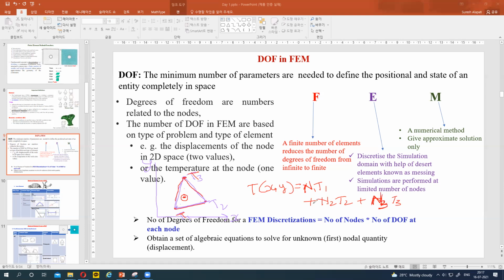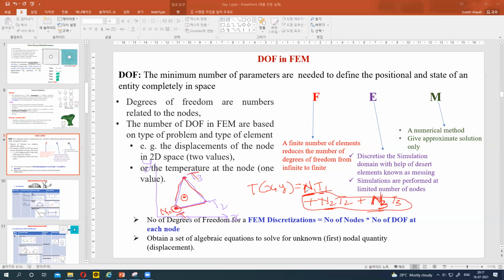We define N1, N2, and N3 in such a way that at a particular node, the shape function for that node is 1 and the remaining shape functions are zero. Suppose at this node N1 is equal to 1, and N2 and N3 are 0, so the temperature value is T1.